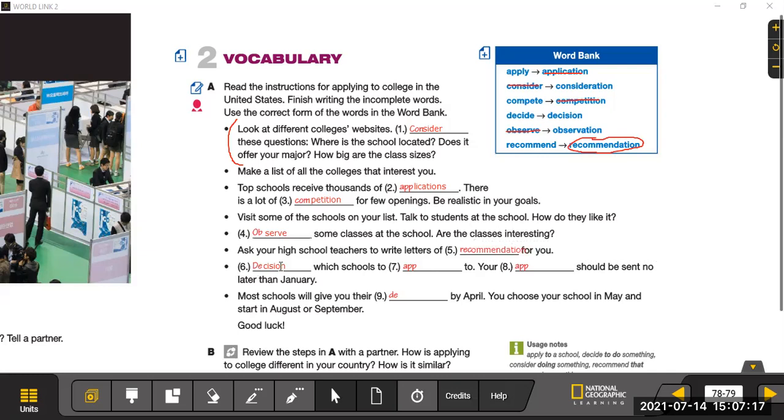And the number 6, decide. Okay, so you are going to make the action of decide. So it's not decision, it is decide. Okay, let me see. The number 7 is for Dialing.